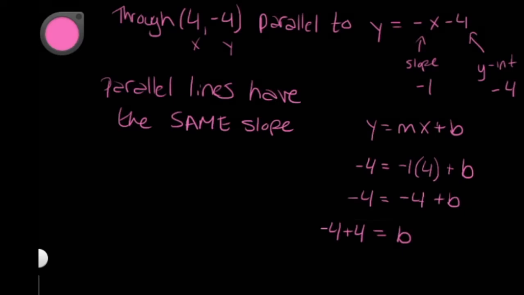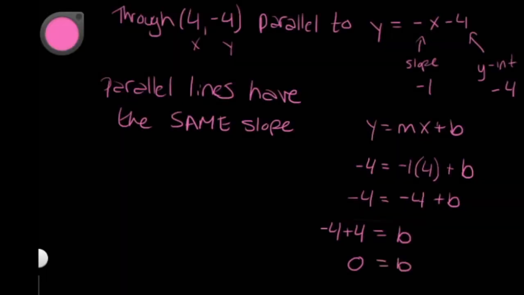So -4 plus 4 is going to be 0 equals b. So this line is going to have y equals my slope of -1, let's just say -1x. My b is 0, so I'm not going to write it, because that means it's crossing the y-axis at 0.